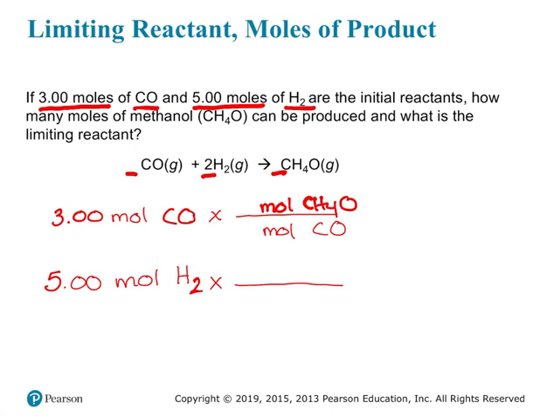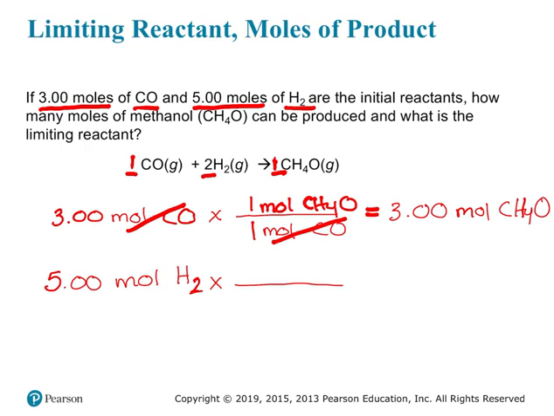So looking at our balanced chemical equation, what is the ratio between methanol and carbon monoxide? It's just 1 to 1, right? So we have invisible ones in front of carbon monoxide and methanol. So this would be 1 to 1. All right. Okay, so what that tells us is if we completely react all of the carbon monoxide, we'll end up with 3 moles of methanol.